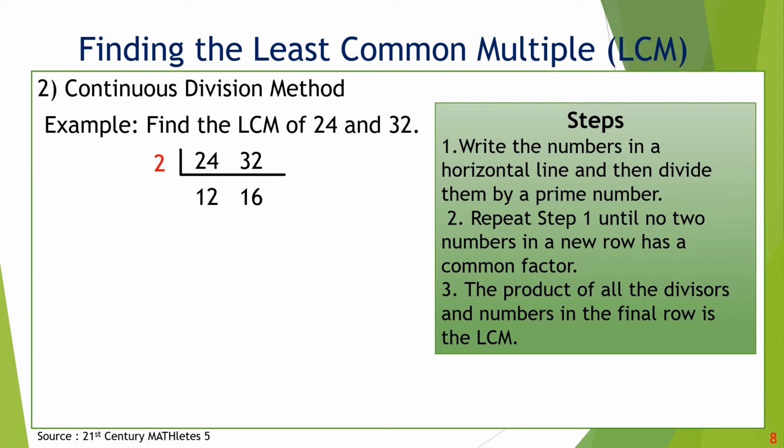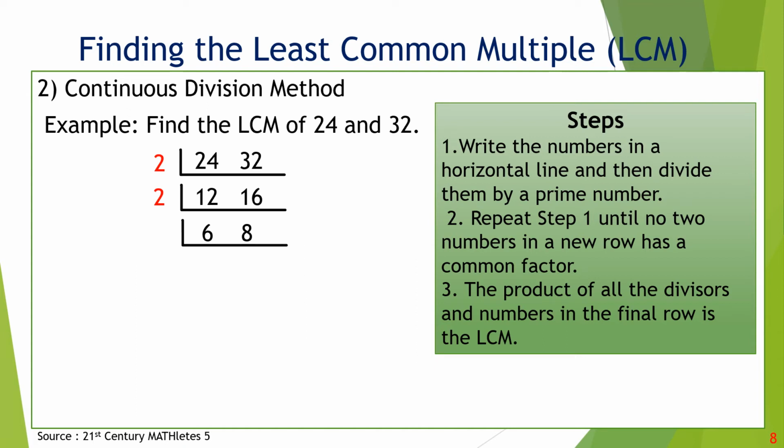Then continue or repeat the process. So, ang 12 and 16 ay divisible parehas ng 2. So, 12 divided by 2 is equal to 6. Then 16 divided by 2 is equal to 8. Then, again, ulitin natin yung process.